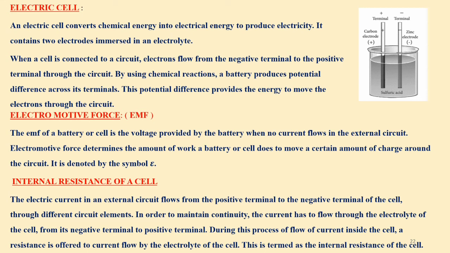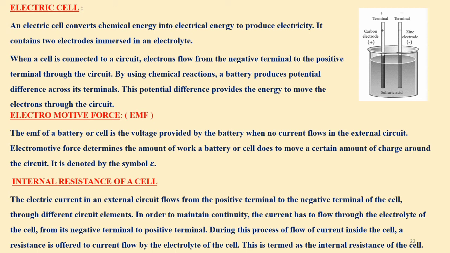During this process of flow of current inside the cell, a resistance is offered to the current flow by the electrolyte of the cell itself. This is termed as internal resistance of the cell.